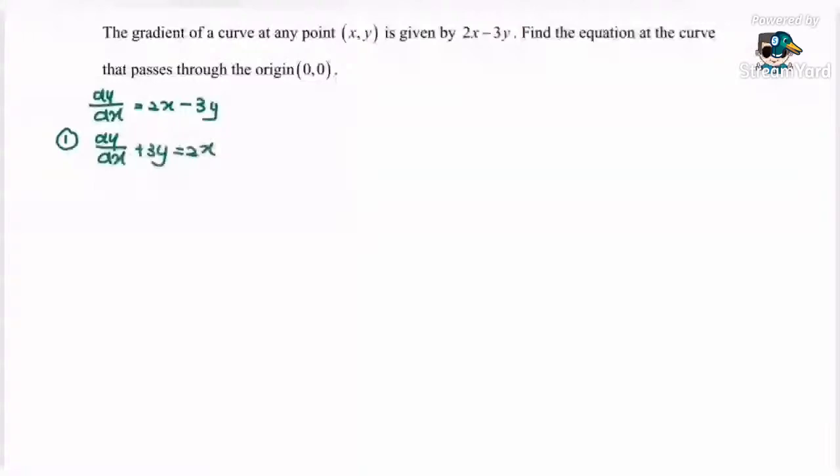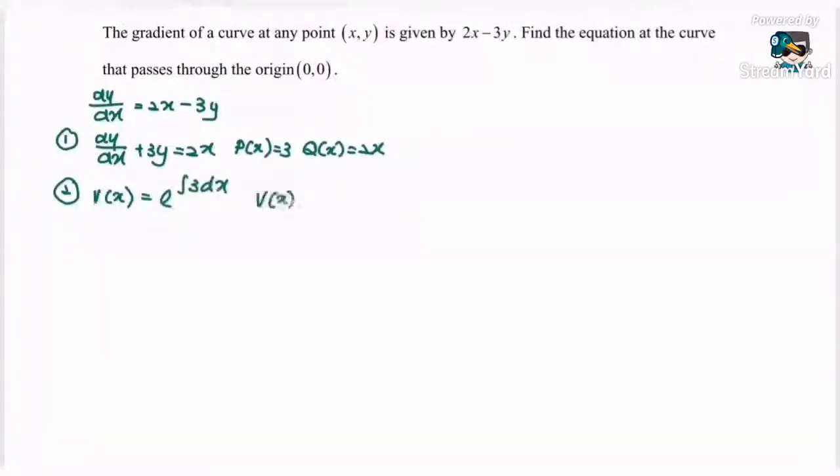Step number 2, find the integrating factor where we have e to the power of integrate 3 dx. So finally, the integrating factor is equals to e to the power of 3x. Step number 3, multiply both sides with the integrating factor and we will have e 3x multiply with dy dx plus 3y equals to e 3x multiply with 2x.